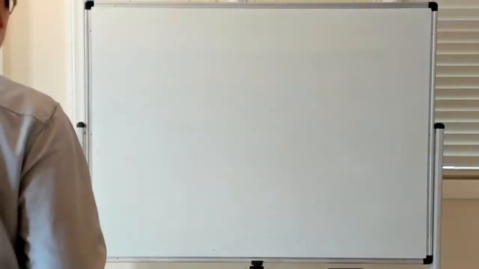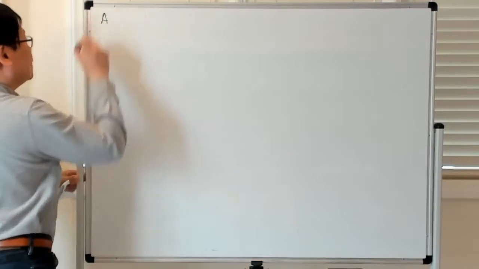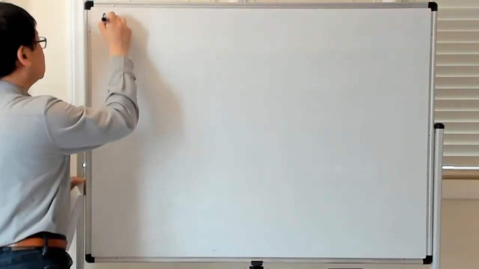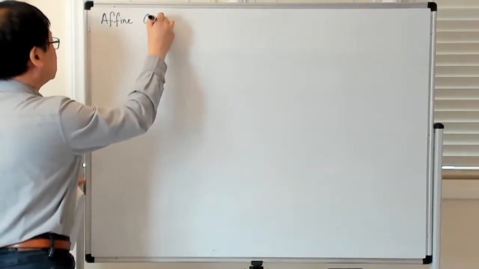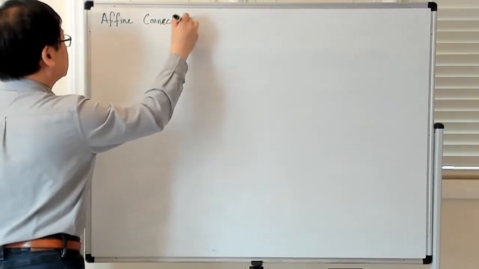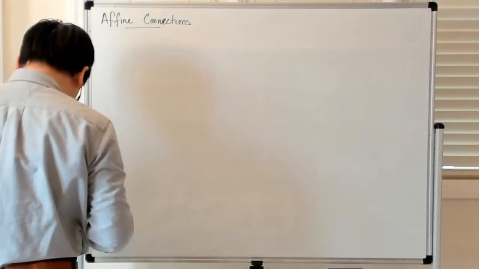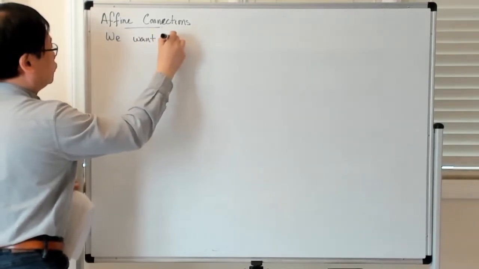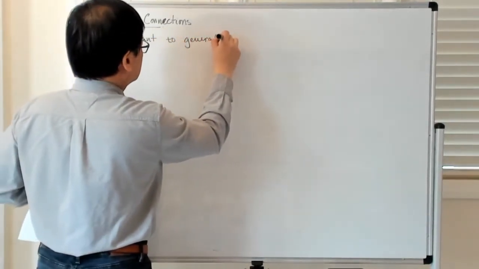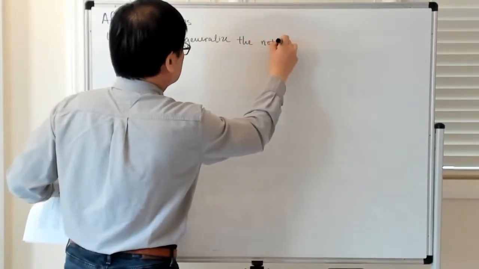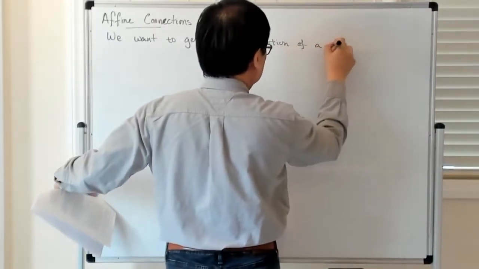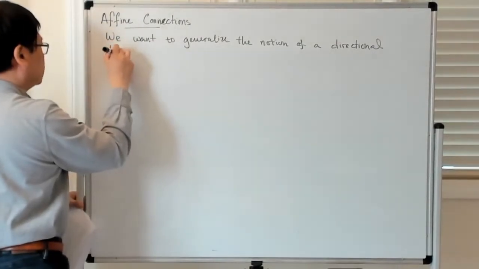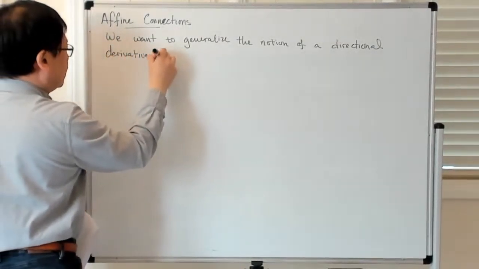All right, so now we're going to talk about affine connections, which, if you recall, is a way of generalizing the notion of a directional derivative to a manifold. So affine connections. All right, so we want to generalize the notion of a directional derivative to a manifold.